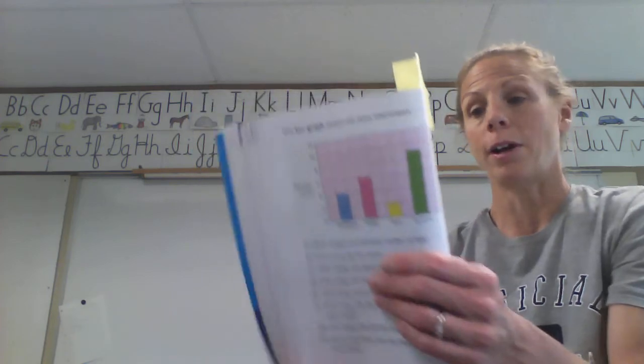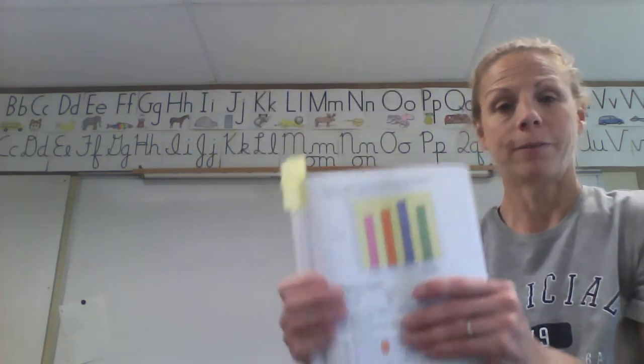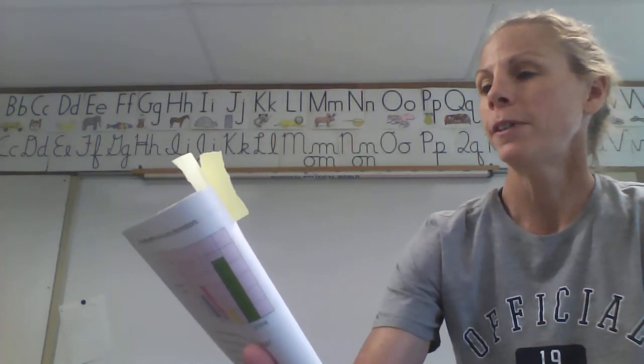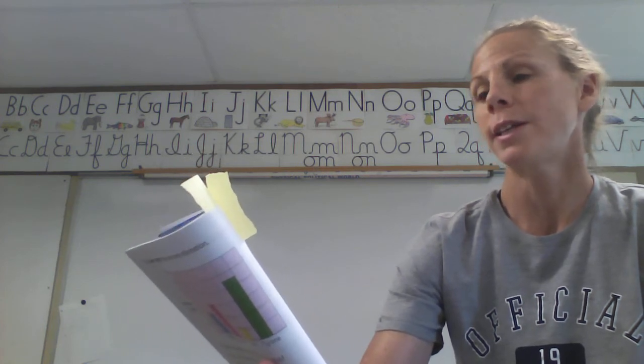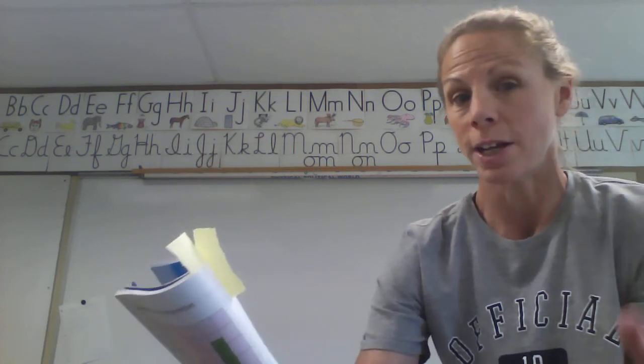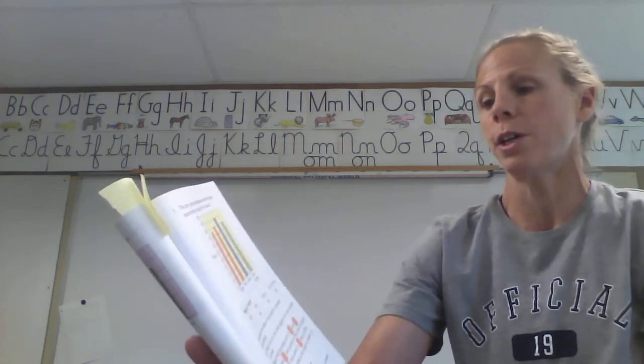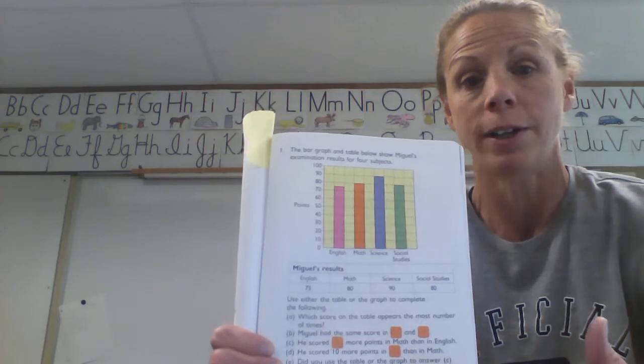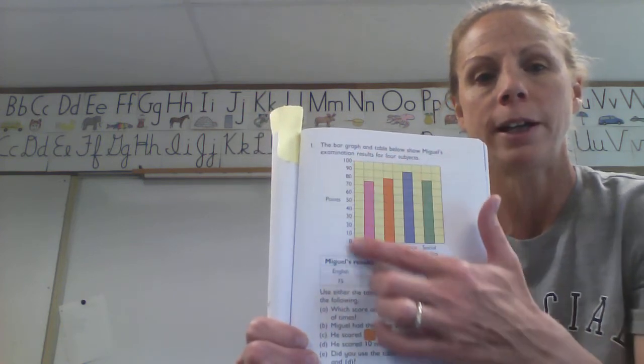Let's look at one more here. This one is talking about the bar graph and table below shows Miguel's examination results, so kind of his test results for 4 different subjects. Let's check it out before we start just going. It looks like these are his 4 subjects, and the points he got are going up to 100 points, and they're going up by 10s.